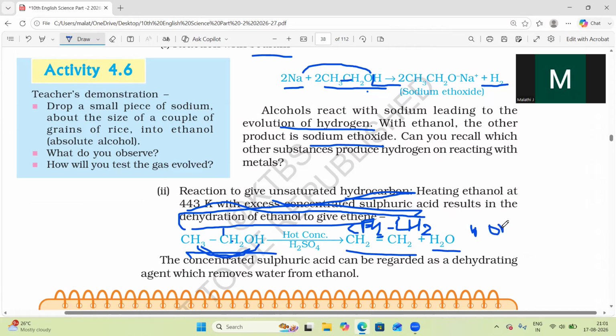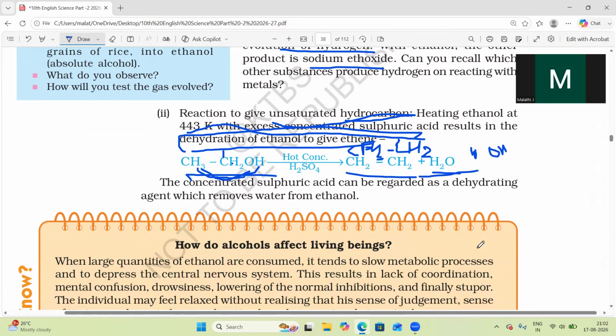We cannot take H from the OH, so it will take one hydrogen atom from the neighboring carbon, and then it will become H2O. That is dehydration of alcohol.